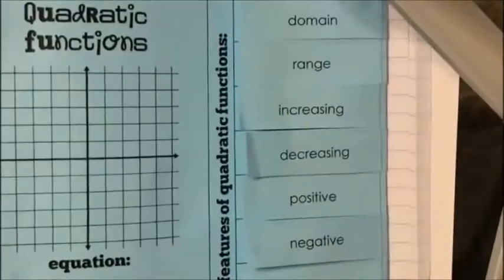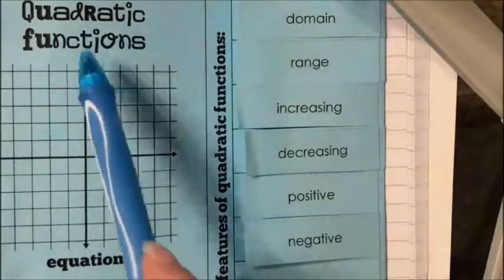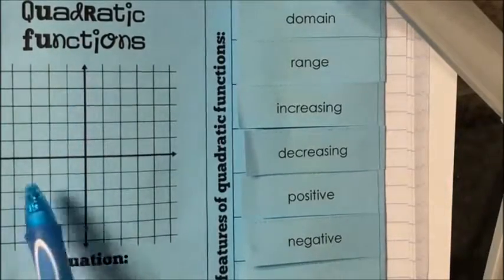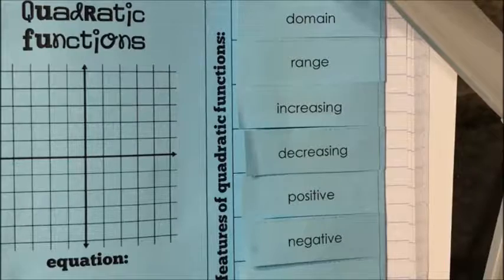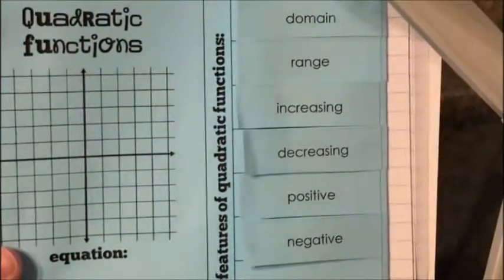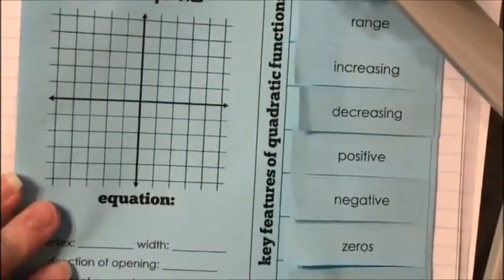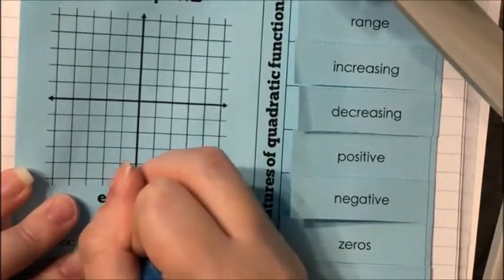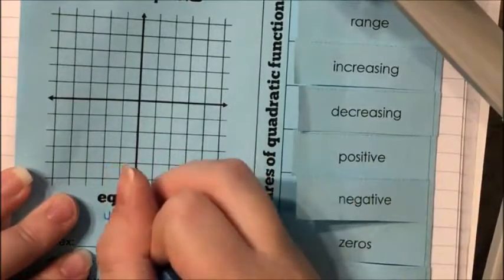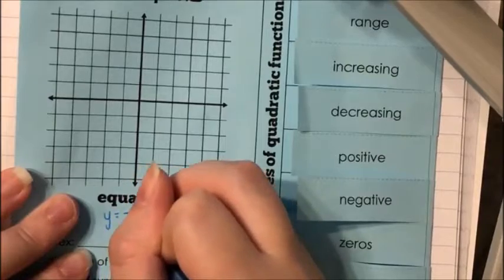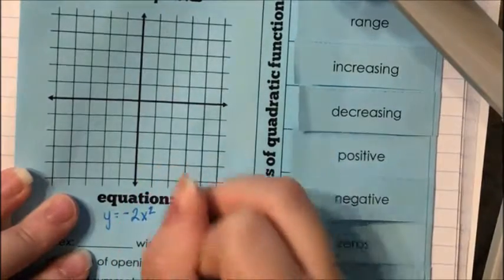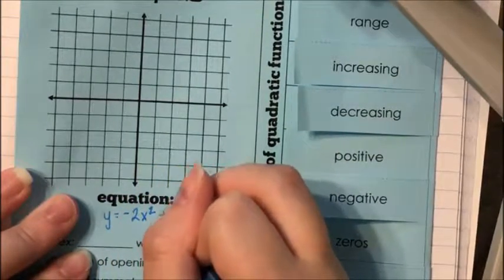So this is a foldable for quadratic functions. On the side where it says quadratic functions, you're going to be able to graph a function. The equation you're going to use is y equals negative 2x squared plus 3.